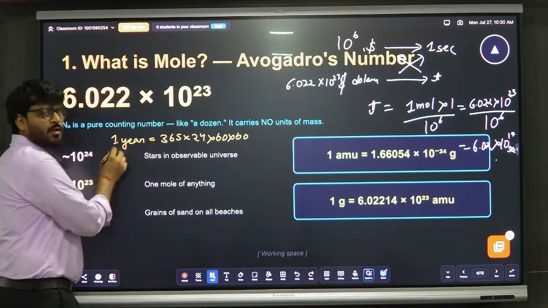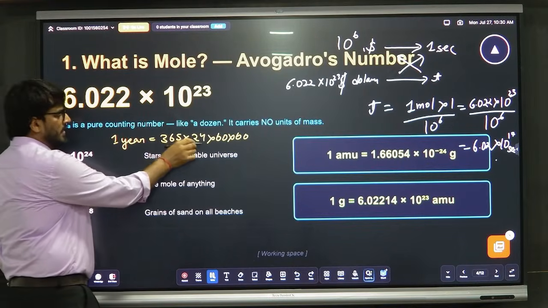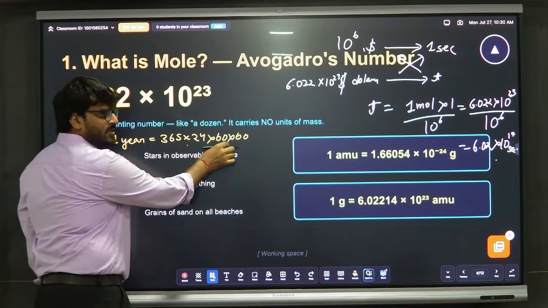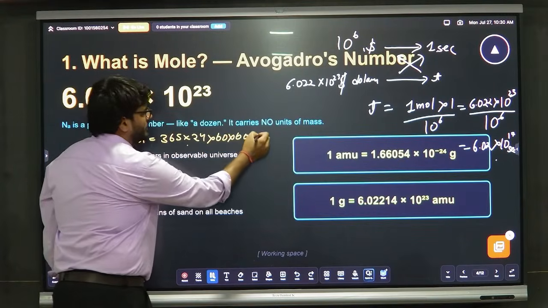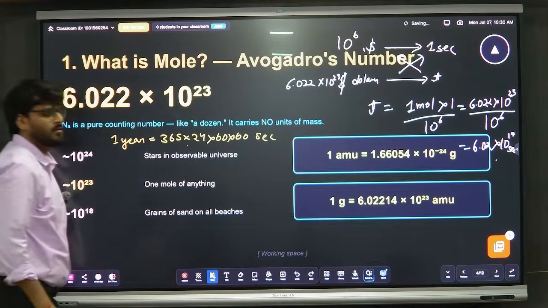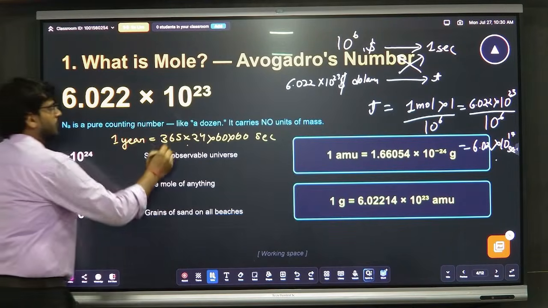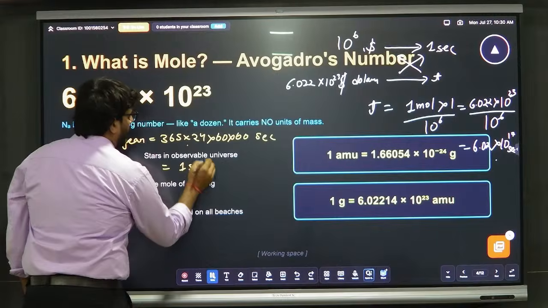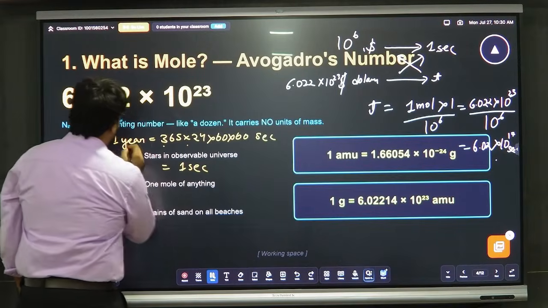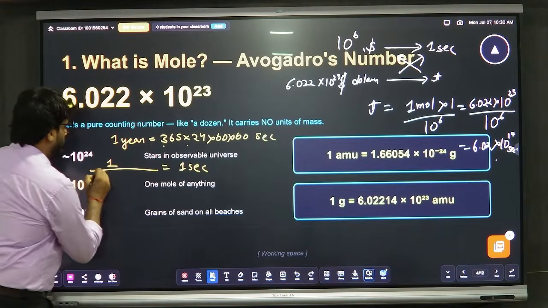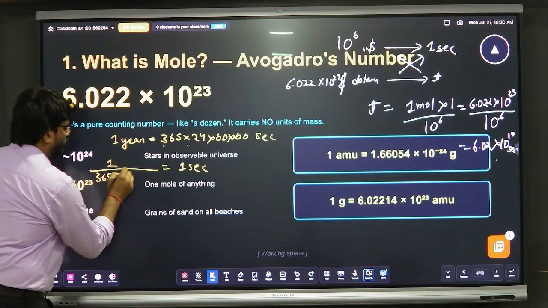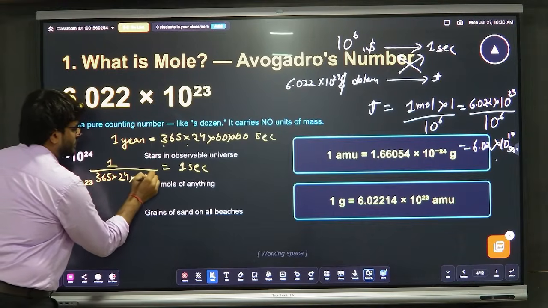One year is equal to 365 days, one day is 24 hours, 1 hour is 60 minutes, 1 minute is 60 seconds. So this is equal to this much, right? It means 1 second will be 1 over 365 into 24 into 60 into 60 of a year, right?